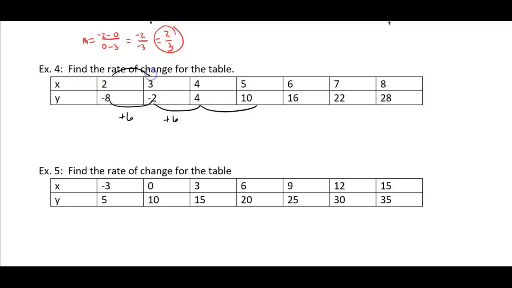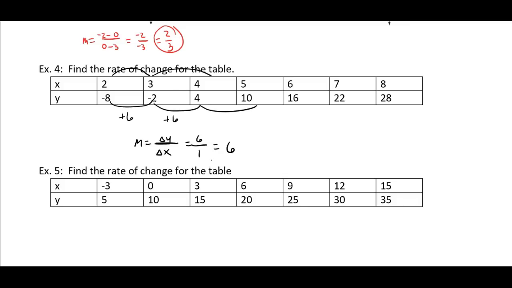And up top, what's my change in x? So my change in y over my change in x. What is my change in y? I went up 6. And then my change in x is over 1, or up 1. So my slope is 6. So it's basically your common difference.